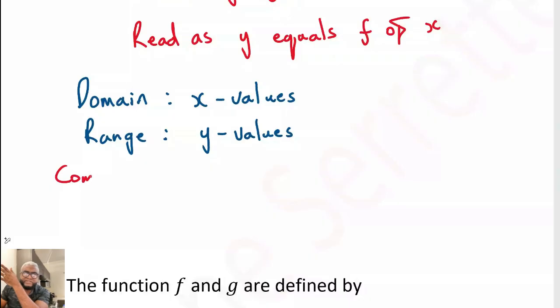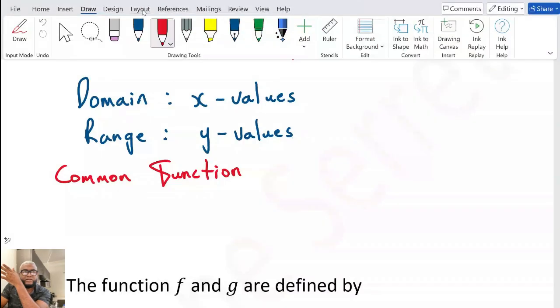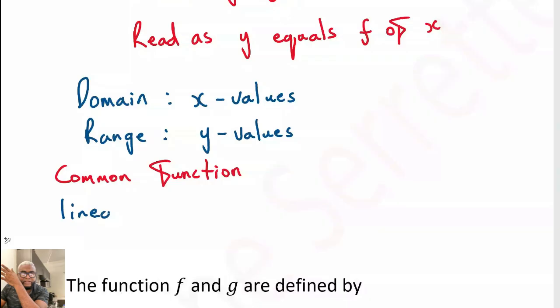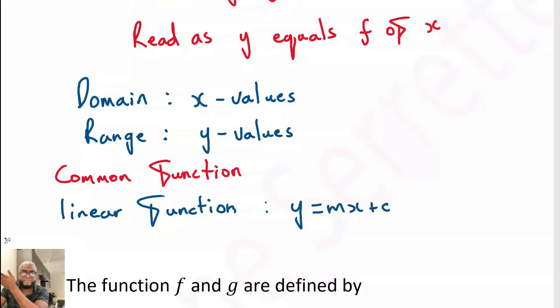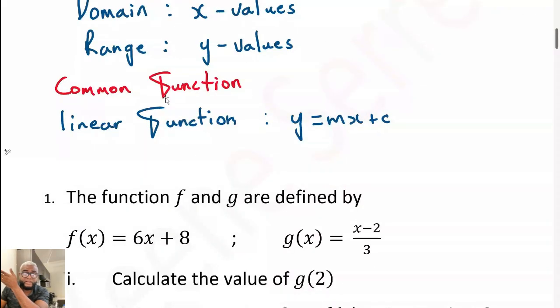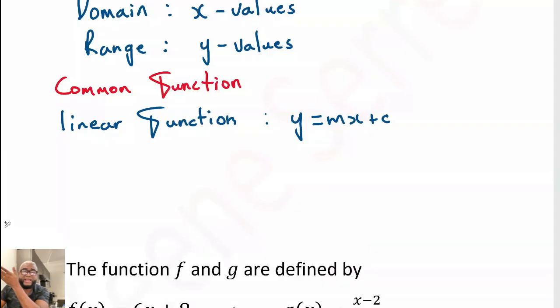So some common functions. We have a linear function, which is something to do with just one value of x. If you look at the equation of a straight line, y is equal to mx plus c, that's a linear function. Like y is equal to x over 2.